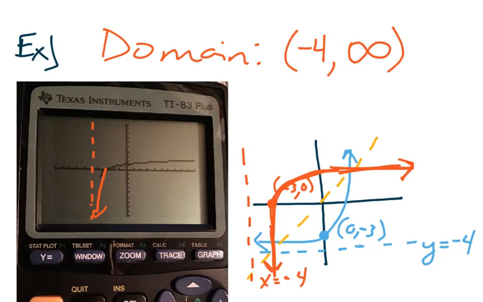Sometimes students say, well, why is the calculator not showing this region over here as it goes to -infinity? The calculator runs off of an algorithm. It plugs in x values and gets y values. The algorithm has stopped calling for x values because we're getting too close to this asymptote.